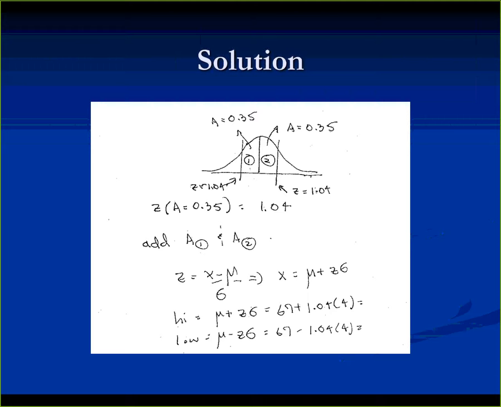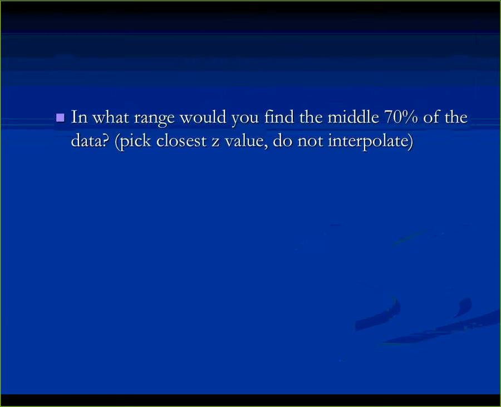Up to this point, we have solved for z and read a corresponding area under the distribution from the center to z standard deviations away. In this case, we're starting with an area, and from that we need to back out a z value. So if we know the area is 0.35, I'm going to run back to the z chart real quick here.